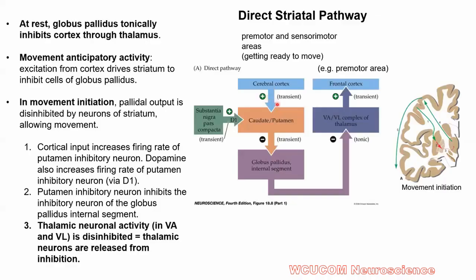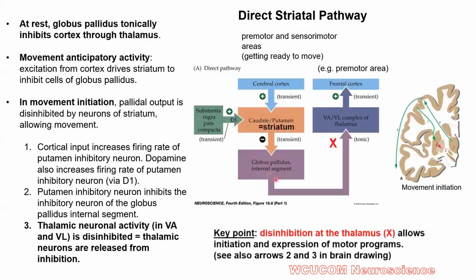Now that is the movement from motivation to initiation, ultimately to action. And recognize that this occurs transiently and specifically. So the output of the cortex increases the firing rate of the putamen inhibitory neuron. The putamen inhibitory neuron, now transiently, inhibits the inhibitory neuron in globus pallidus, thereby disinhibiting thalamus. Look what happened. That initial inhibitory tone was taken away.